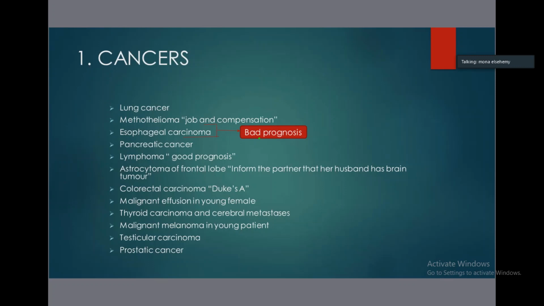If you have lymphoma, a scenario usually comes as either counseling about a Hickman line or counseling about lymphoma itself, or the patient is already diagnosed with lymphoma and going to start chemotherapy, and you have to talk to him about this. There are certain items that you should raise in this scenario, and this is a very common scenario.